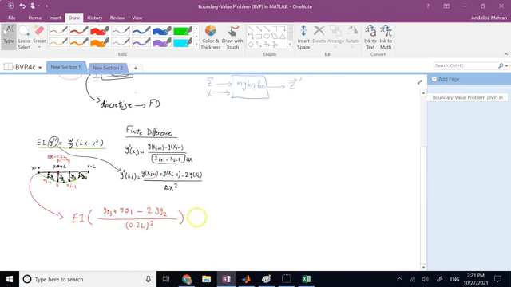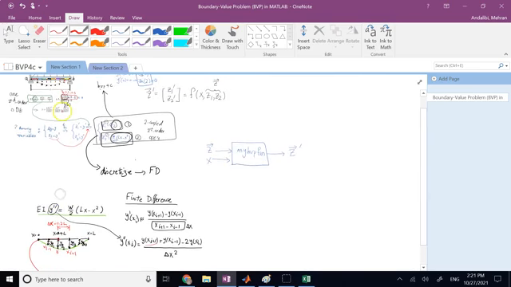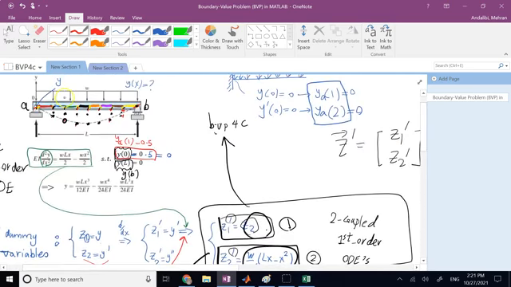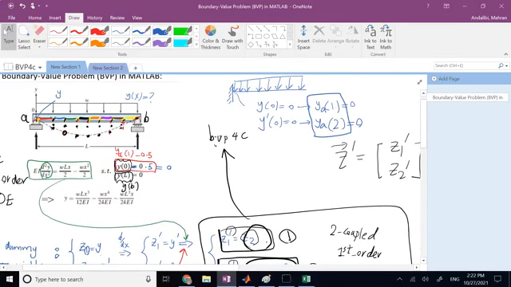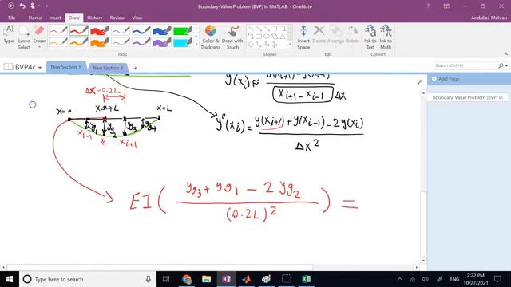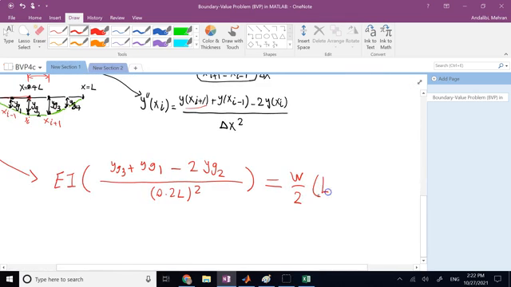This should be equal to what? W, which is the same at any node. W is the same here. It doesn't matter, W is not a function of x. If it was, I had to find how much it is at that specific node. In this case, it's not. So it's the same W over 2 L times x, and x here is xi minus xi squared.